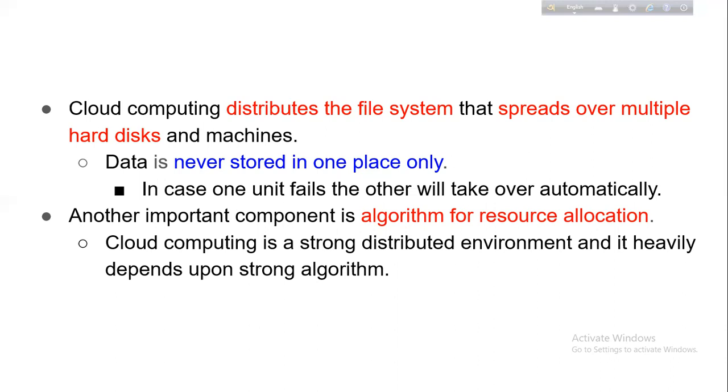So you can choose where you want to store. In such a case, you store this region as one of the storage areas, and the other would be South America, for example, nearby, so that you can reduce the latency to get access to your data. So data is never stored in one place only.